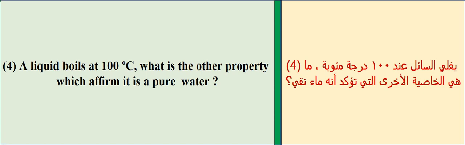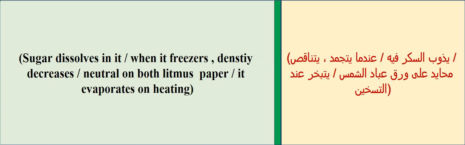A liquid boils at 100 degrees C. What is the other property which affirms it is pure water? Sugar dissolves in it / when it freezes density decreases / neutral on both litmus paper / it evaporates on heating.